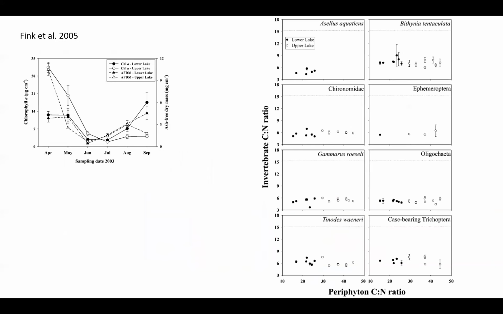The Fink et al. paper has a variable food level. That's this graph, and pretty much constant composition. If you look, this is invertebrate C/N ratio. So even though the food of the invertebrates changes, the composition, as far as I'm concerned, stays pretty much the same. So it's certainly an argument for homeostasis, but not necessarily weak homeostasis.